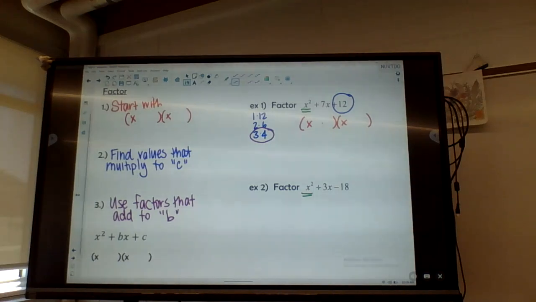So that's what's going to go in the parentheses. And if you can't find the factors, either you need to look a little harder for more of a list, or otherwise it's possible it's not factorable, but I don't usually give many questions that aren't factorable.